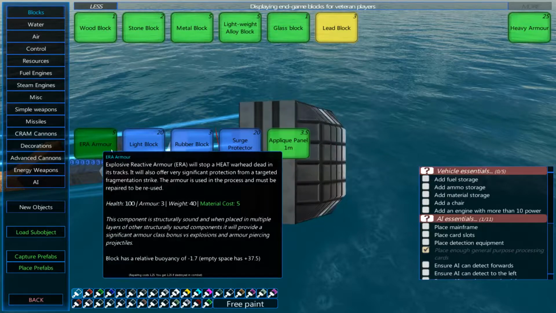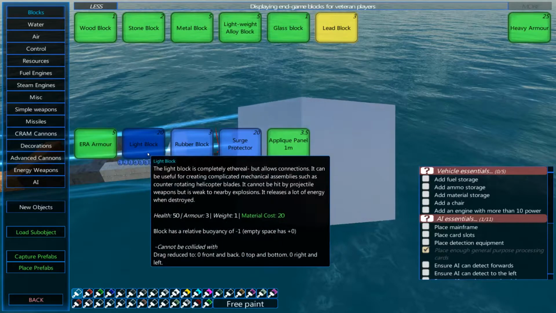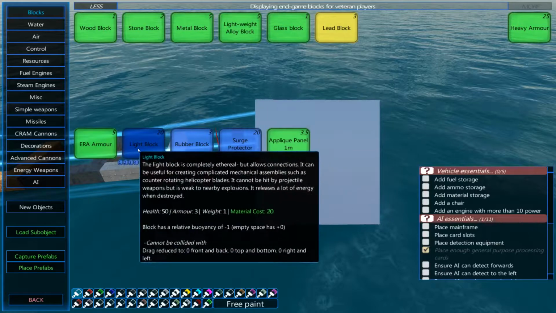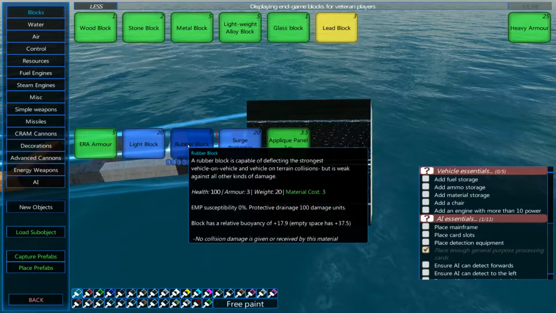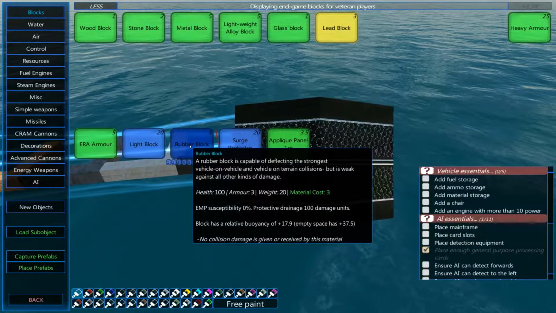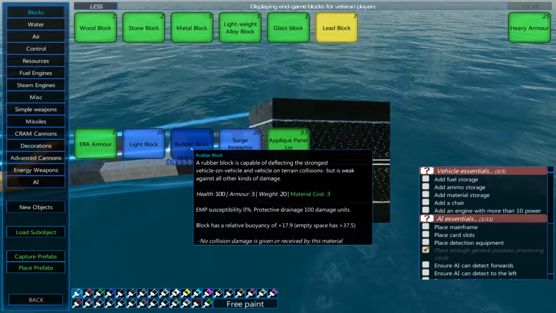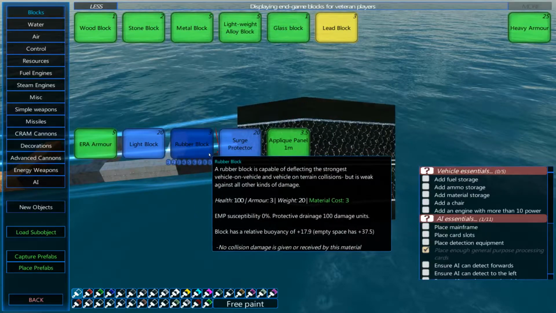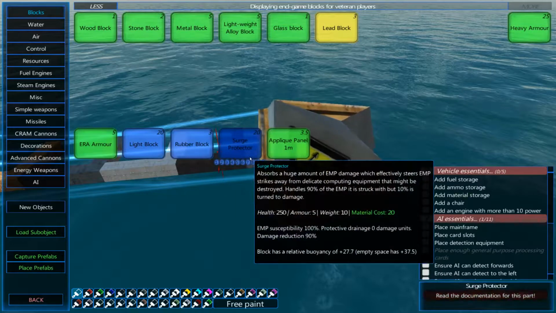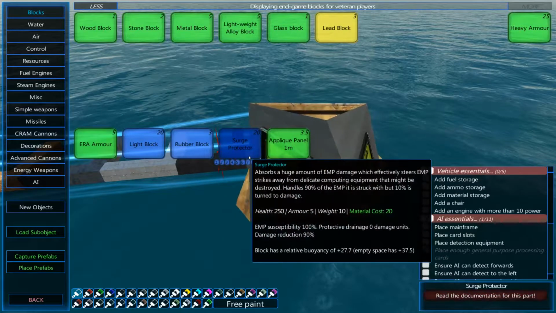Yeah. There is a disadvantage to the light block: it will explode upon contact with anything else. You also have the rubber block, which is useful for any land vehicles, I find. And then you have the surge protector, which is purely anti-EMP.